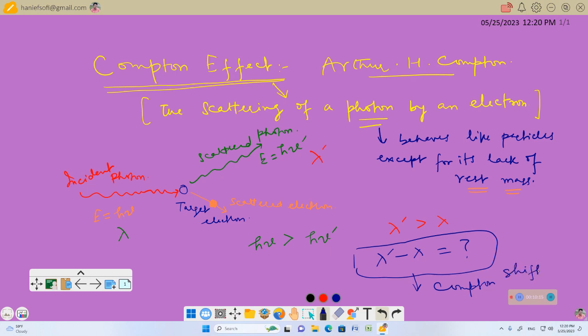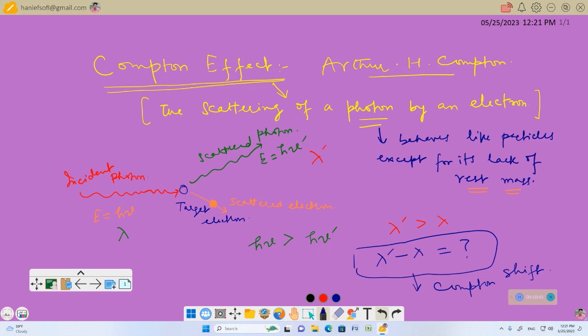Compton shift. Now we will derive the expression of this Compton shift as it was done by Arthur Holly Compton. So now you know this phenomenon. It is the scattering of a photon by an electron, and in this phenomenon, we have an incident photon which hits an electron, then it gets scattered, electron gets scattered.